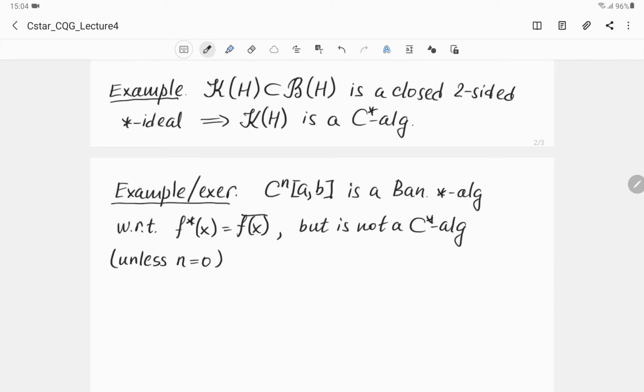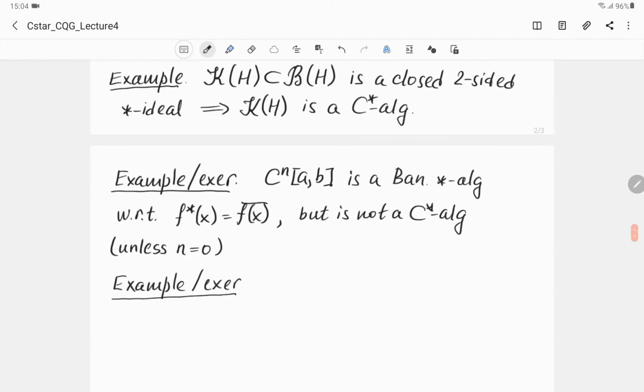If n equals 0, then this is the algebra of continuous functions on the interval, and we already observed that it is a C-star algebra. But if n is 1, 2, or bigger, then this is not a C-star algebra. One more example, and again an exercise.